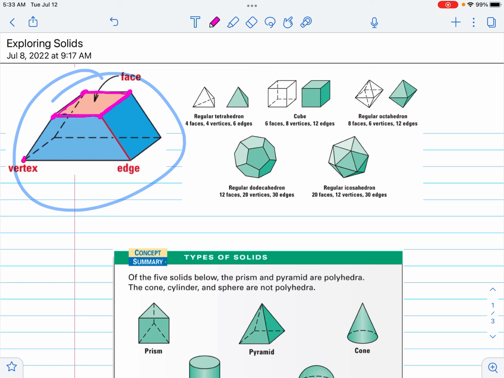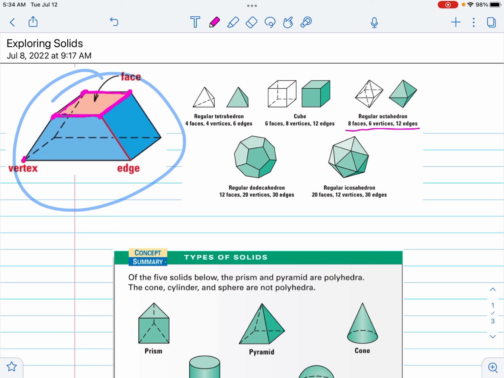Now, we name polyhedrons the same way we do polygons. For example, an 8-sided polygon is an octagon. Well, an 8-sided polyhedron is called an octahedron. So, here's an example of an octahedron.